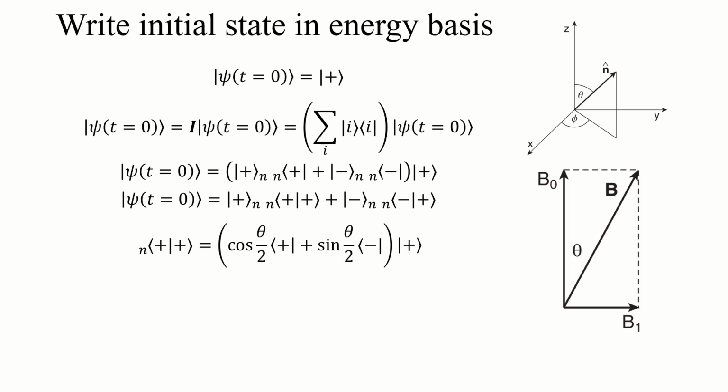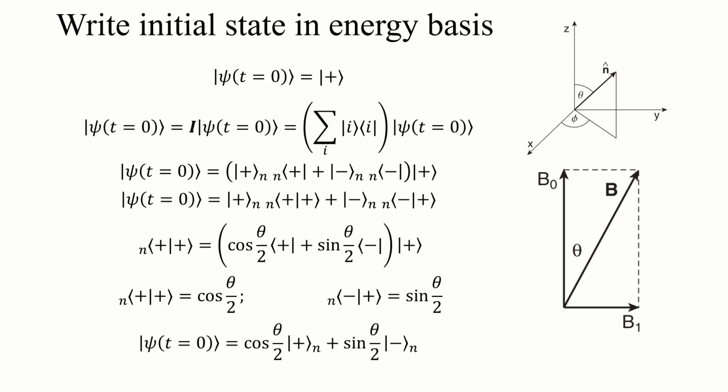And you can see that the plus-plus term is equal to 1, the minus-plus term is 0 because that's an orthonormal basis. So those two inner products end up being cosine theta over 2 and sine theta over 2. What that all means, putting it together, is the state vector at t equals 0 can be rewritten as cosine theta over 2 spin up in the n direction plus sine theta over 2 spin down in the n direction.